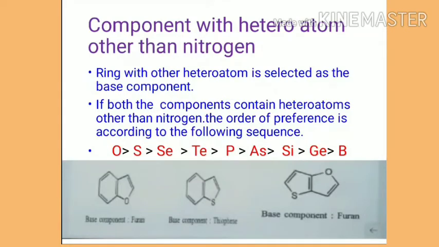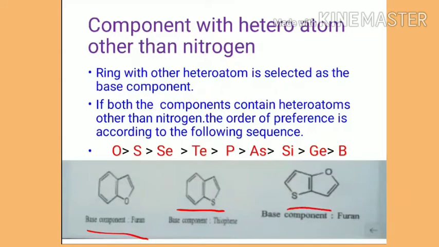So here one is a benzene ring which doesn't contain nitrogen or any heteroatom, and the other ring is furan which contains a heteroatom. So furan is the base component and benzene is the attached component, and here thiophene is the base component and benzene is the attached component because there is no heteroatom in the benzene ring.